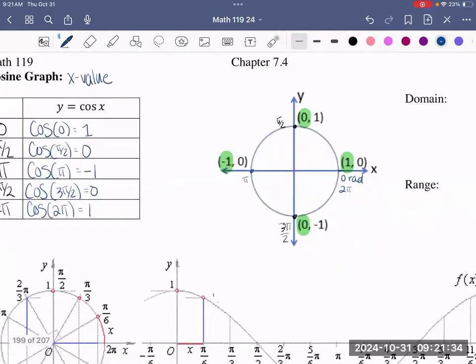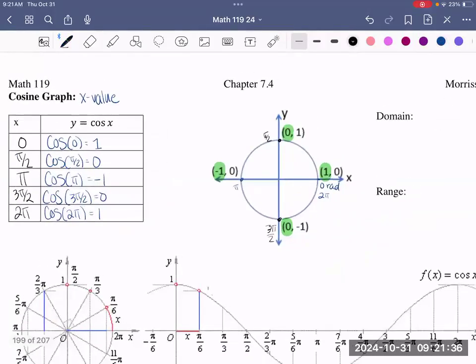Now, if we were to plot that really quickly on our graph, just like a quick little dummy graph, we have 1, we have -1, cosine. So at 0, we're at 1, so 0, 1. At pi over 2, we're at 0, so pi over 2 here, we're now at 0. At pi, we're at -1.